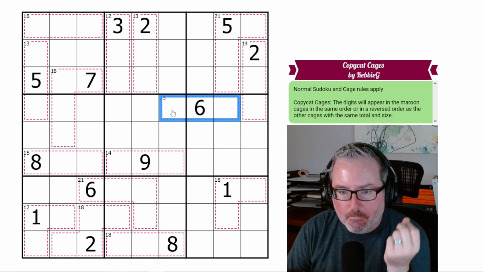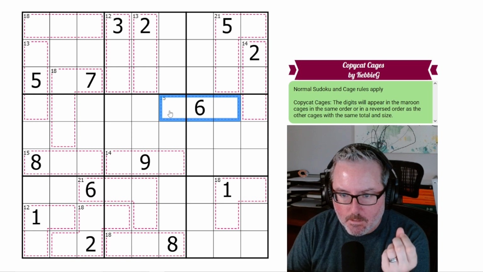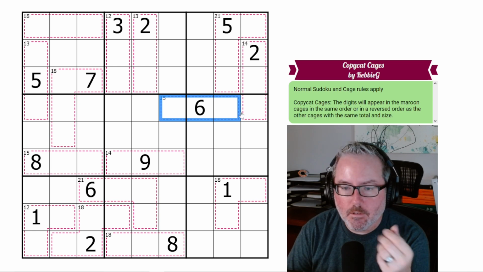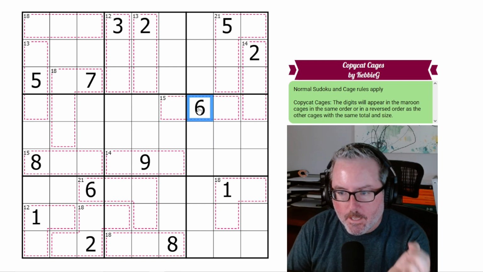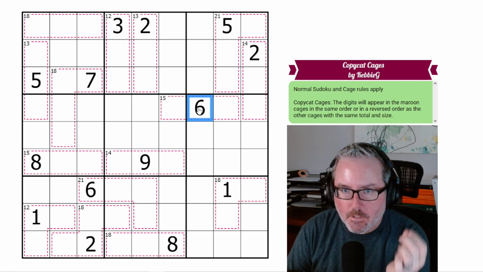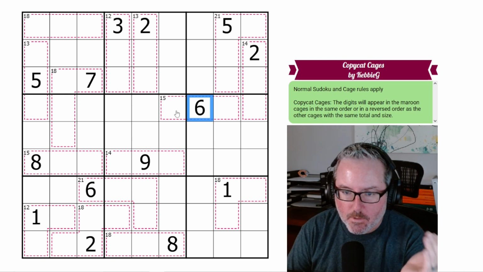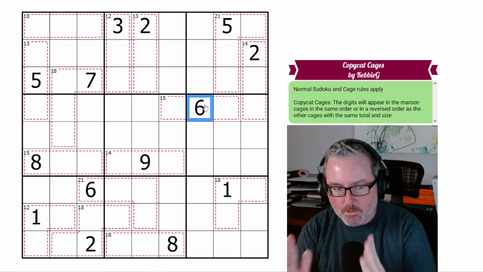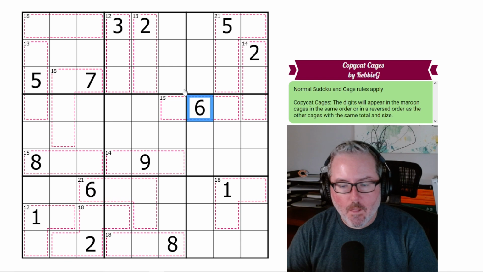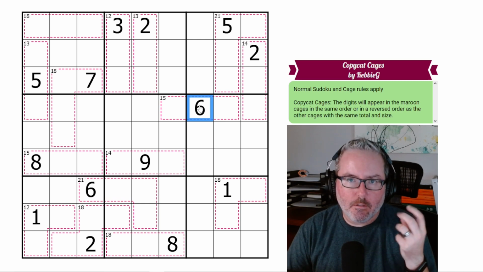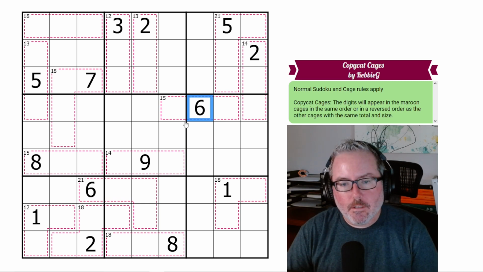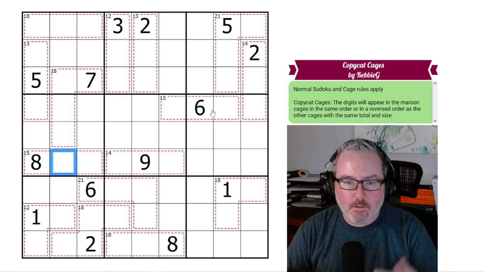Any 3-cell cage that's in a line, whether up, down, whatever it can be, the middle cell is always going to be the same digit, because it's the in-between one. So if there's a digit given in the middle of a 3-cell cage, it's also going to be in the middle of the other one.